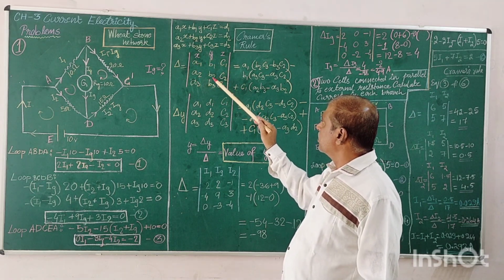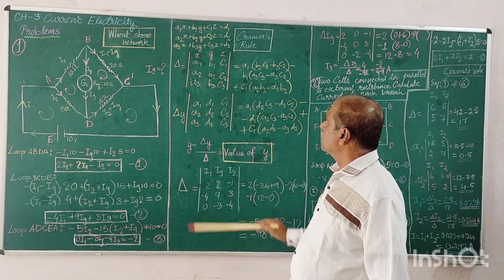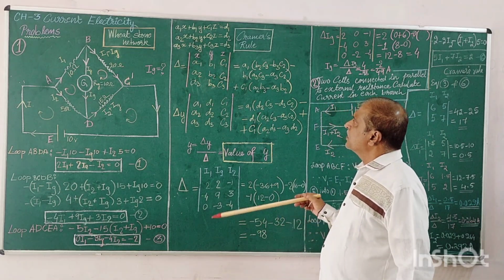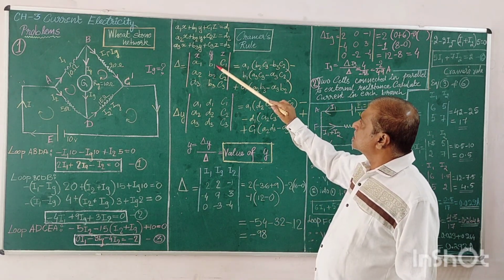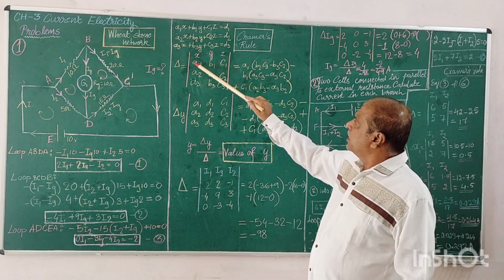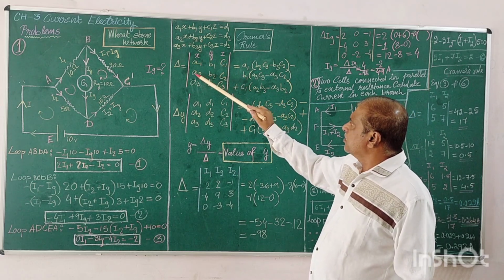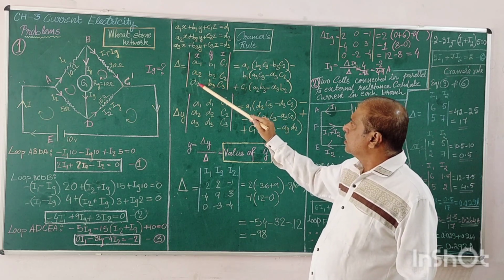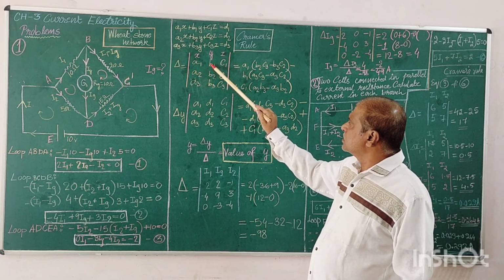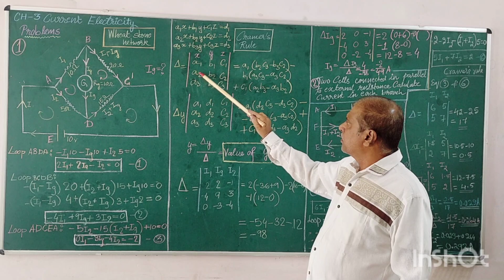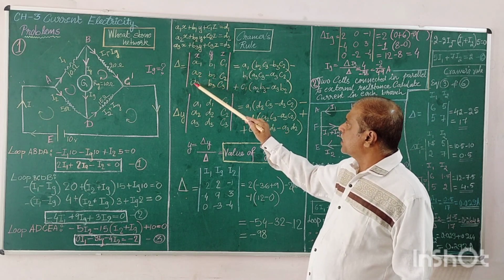So remaining is the product of these two. And the next term is, when you take this term, leave the elements of this row and the same column, remaining as this one. Cross multiply this into, inside the bracket, product of these two minus product of these two.